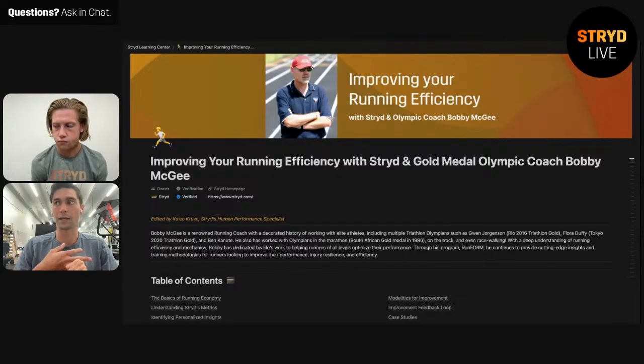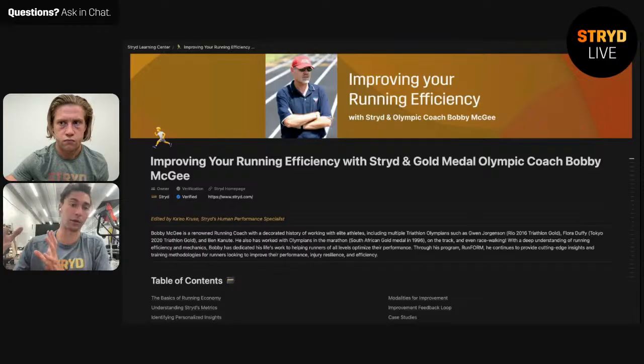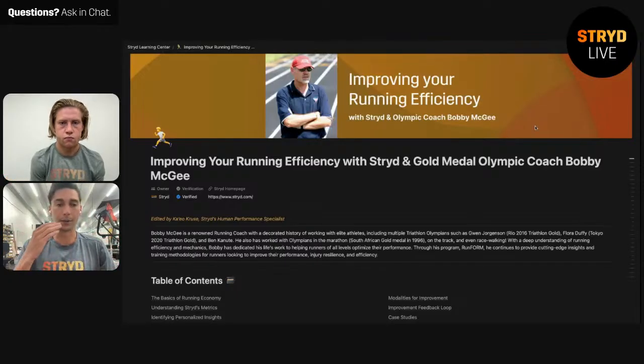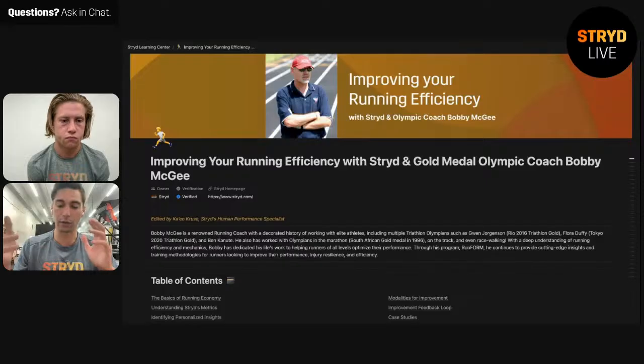But we just felt like we needed to make it more practical, more actionable, and build that bridge between, okay, these are numbers, and these are things that I can do that actually make use of them. So I collaborated with Bobby on this, and obviously Bobby's a leader in this field of improving running efficiency. And he has a way of looking at it in terms of using movement and drills and range of motion to impact these variables.